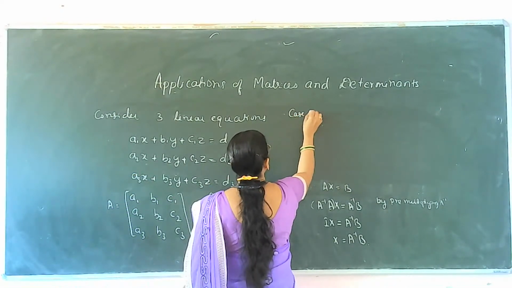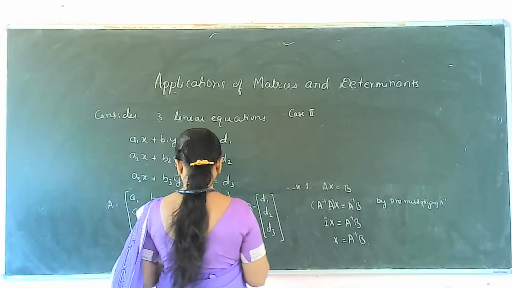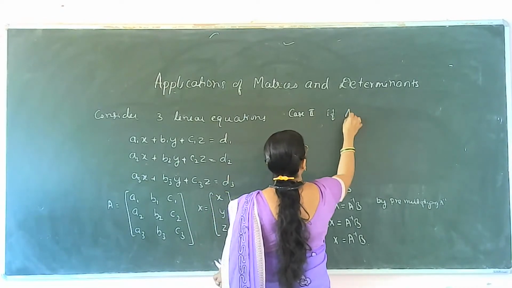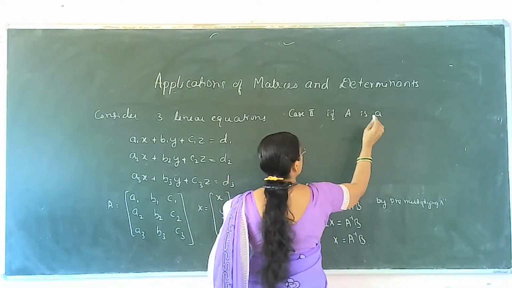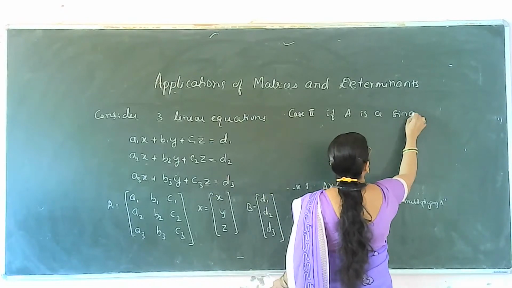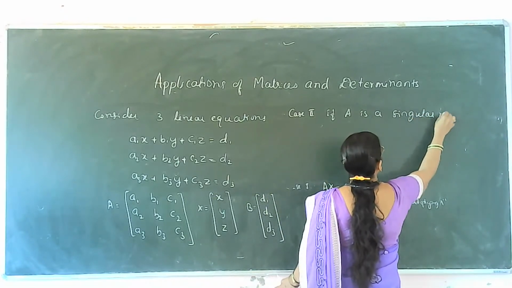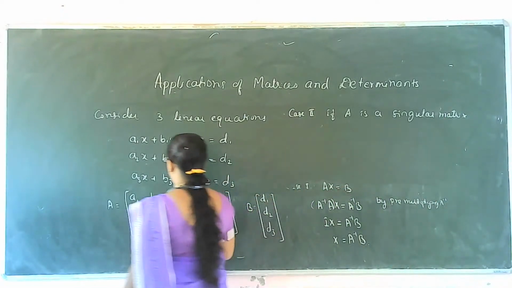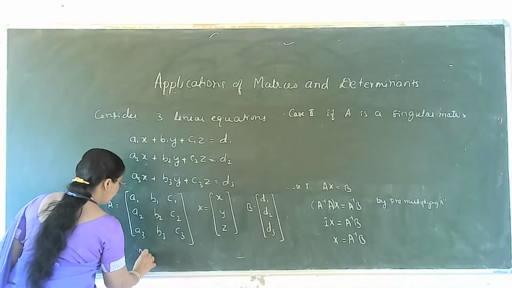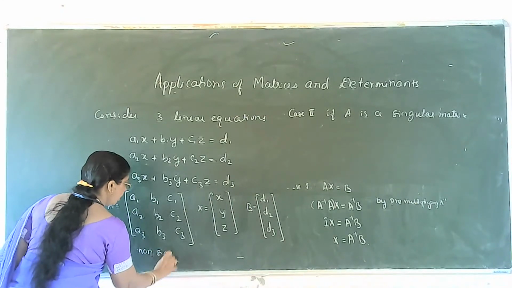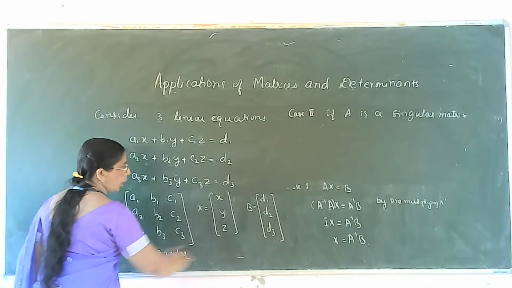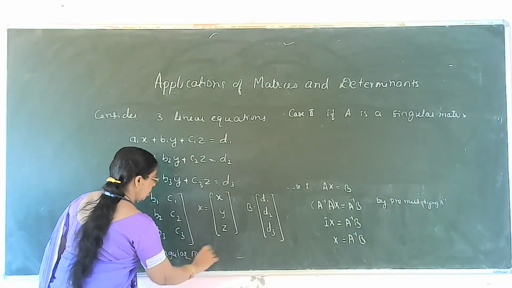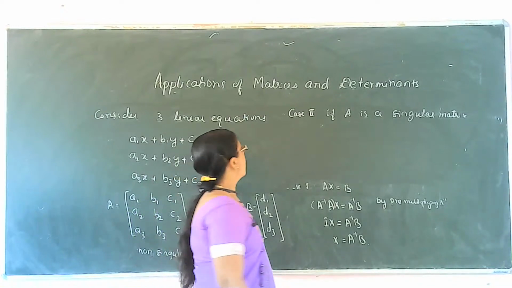Case 2: if A is a non-singular matrix, then only we find this, and it has a unique solution.